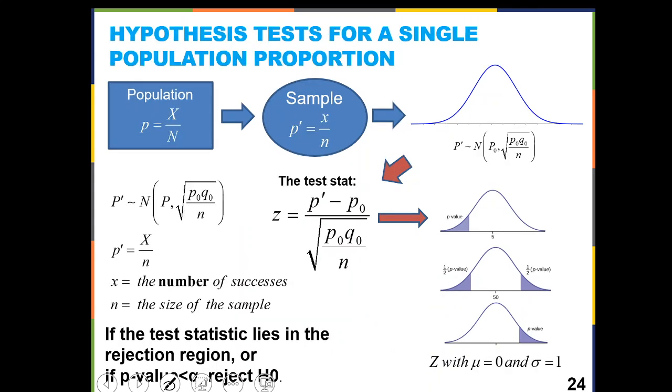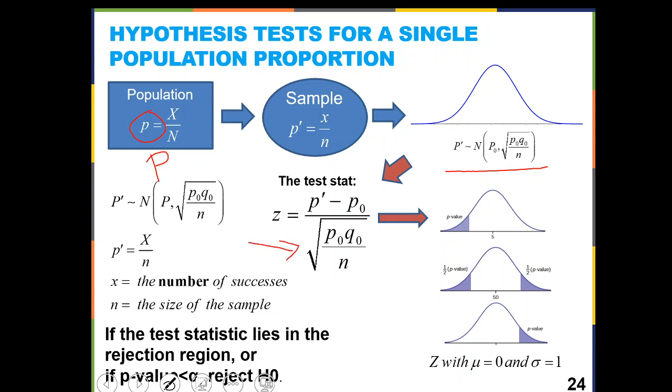Next is proportion. So if the claim is about a proportion, then we take a sample and we find p prime, and we know, again from chapter 8, that p primes are normally distributed with the mean the same as p of the population and the standard deviation of that right there.